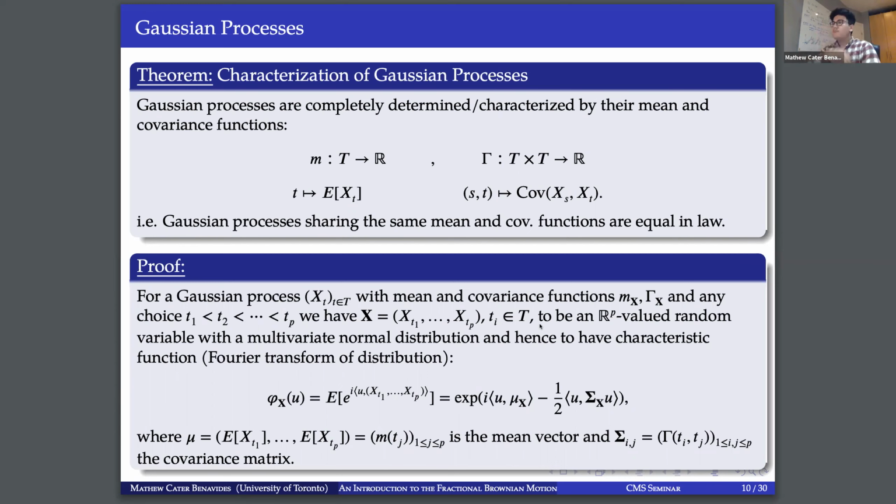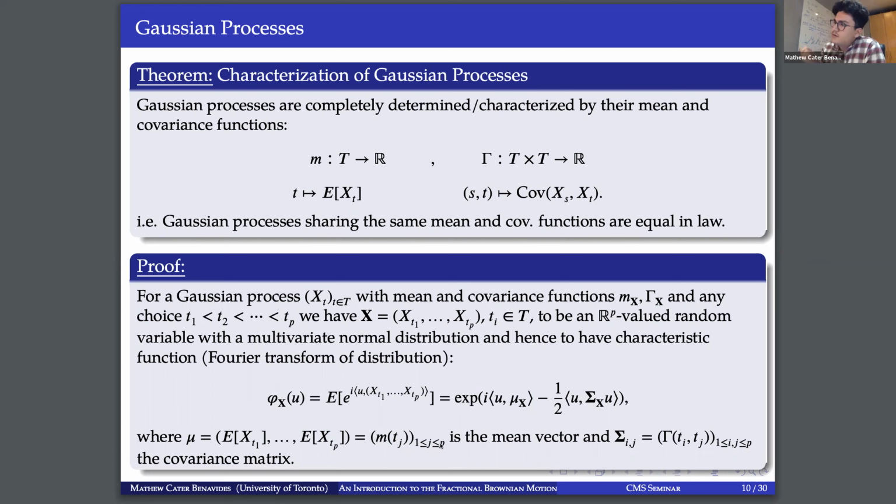So this is all from the definition so far. Okay. From there, we can look at its characteristic function, which is a natural thing to do. And for those unfamiliar with the characteristic function, it's just going to be the Fourier transform of the distribution of the variable, or the vector, if you like, which is going to be a measure on R^p. Okay, so if we take this Fourier transform, I'll spare you the details of the computation, but it gives what's on the right-hand side there, this exponential thing.